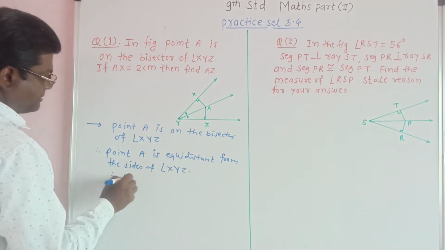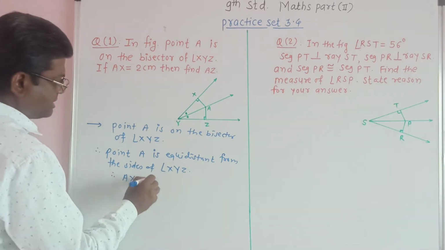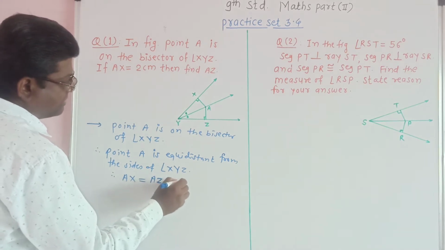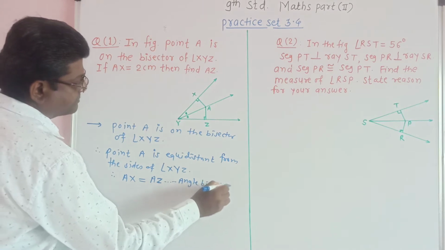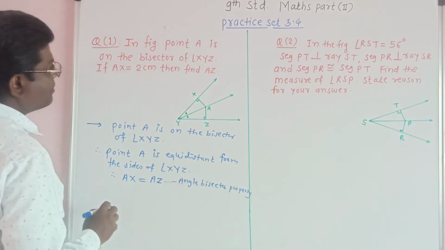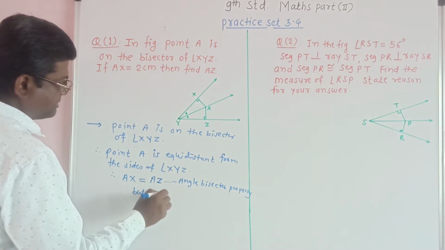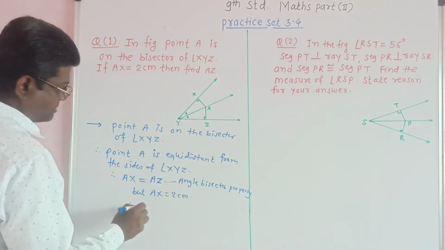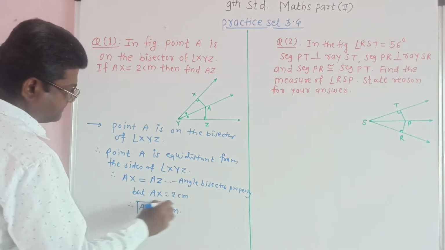Therefore, AX is equal to AZ. Angle bisector property. Now we have given AX is equal to 2 cm. Therefore, AZ is equal to 2 cm.